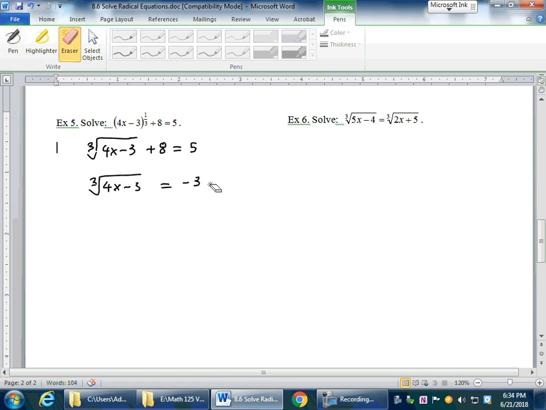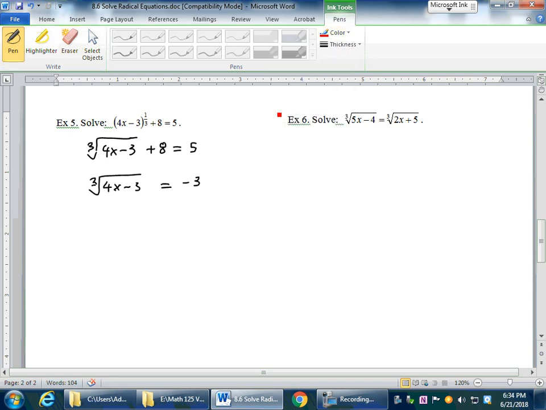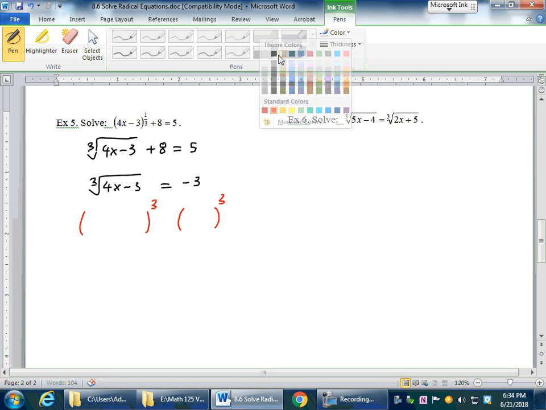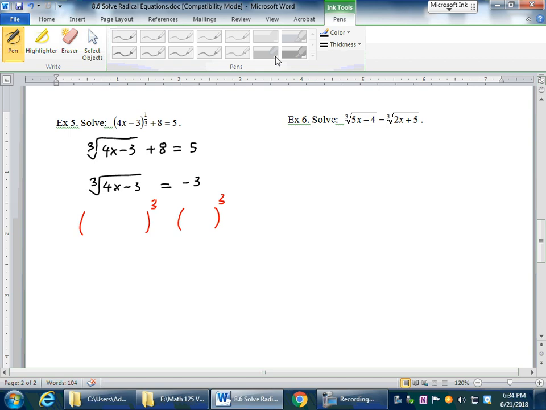Now we continue solving as per the strategy. We have isolated the radical term already, so we raise the power on the next step. In this case, the index is 3, so we raise both sides to the 3rd power. This gives me cube root of 4x minus 3, quantity to the 3rd power, equal to negative 3 to the 3rd power.